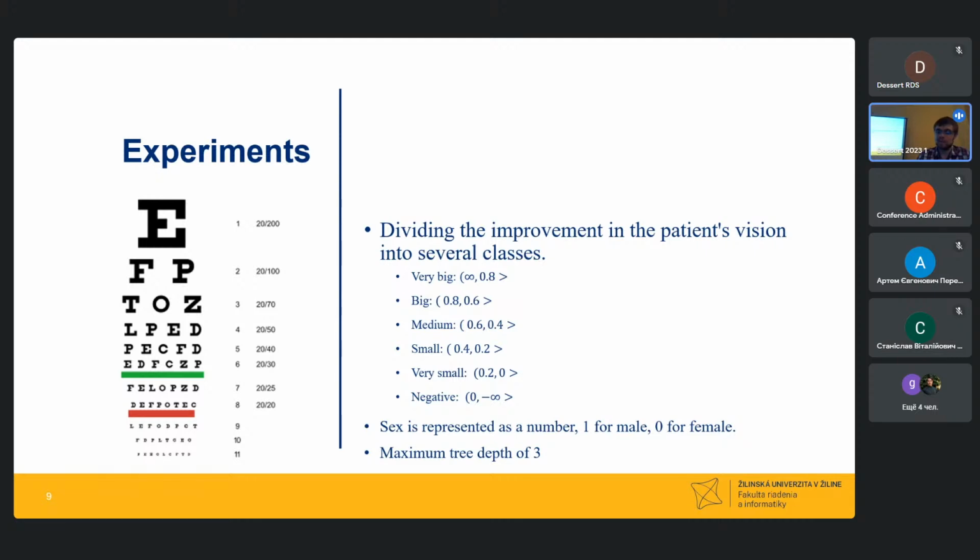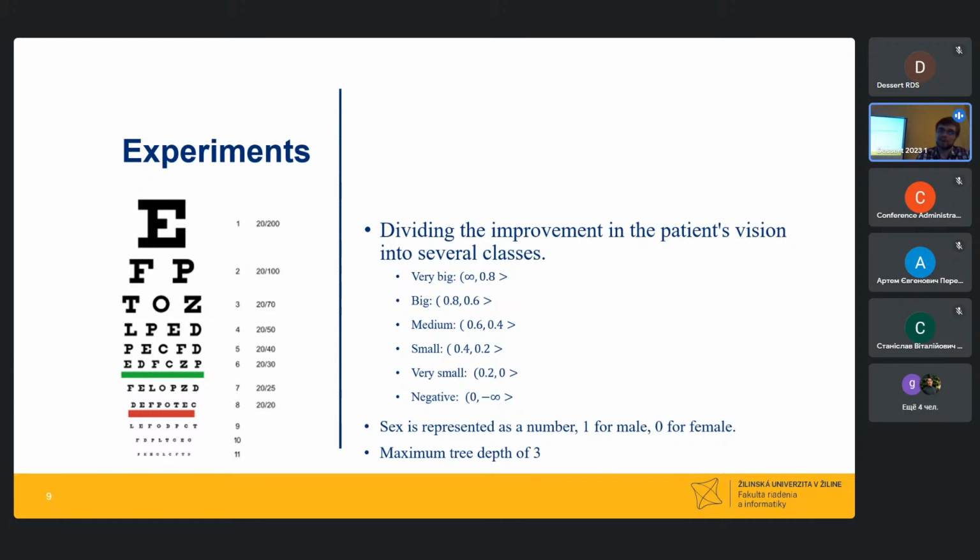We did the splitting based on improvement in patient vision, and the values were based on the Snellen chart, which takes values from 0 to 1.